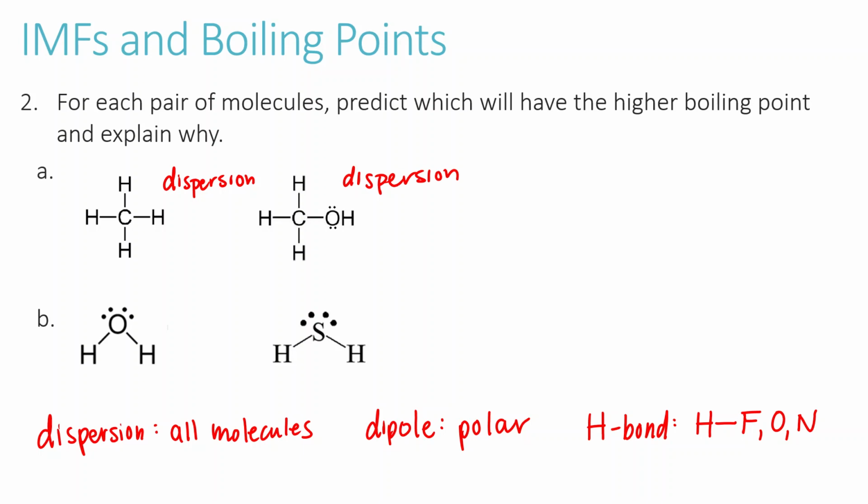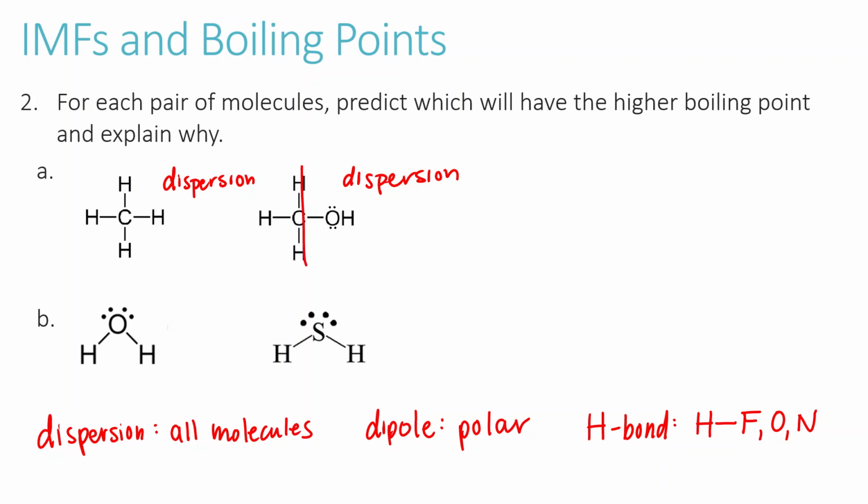So a quick way to test for if something is polar or nonpolar is to check the symmetry. So if we look at these 2 molecules here, if I cut this guy in half, it doesn't matter how I do it, it looks the same on both sides. So this is highly symmetrical, which means that it's going to be nonpolar.